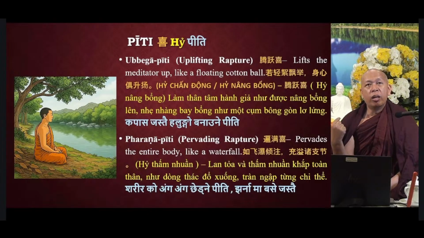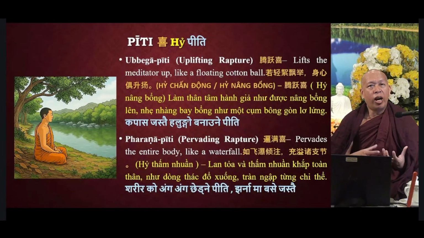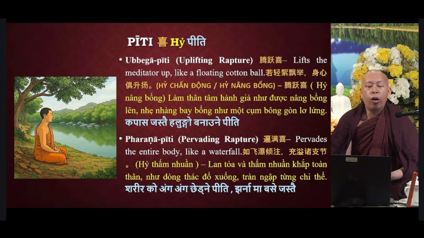The cotton wool will absorb the oil. Similarly, our body is like fine cotton, flexible, soft, very fine, very pleasant. This very pleasant rapture, when we have jhana, we may have only this kind of piti. The last one, Pharana piti.